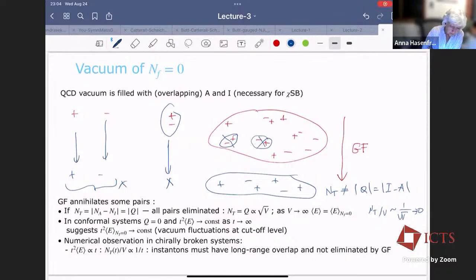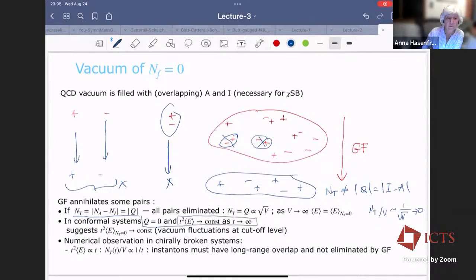On the other hand, that's not what we observe in numerical simulation, so we have to accept that N_T is not just Q. Now, what can we say about the Q = 0 sector, or the N_T = 0 sector, the sector where we don't have any topological object?